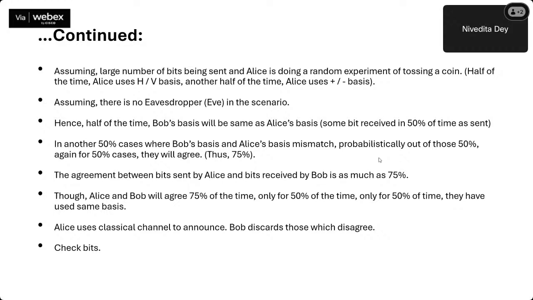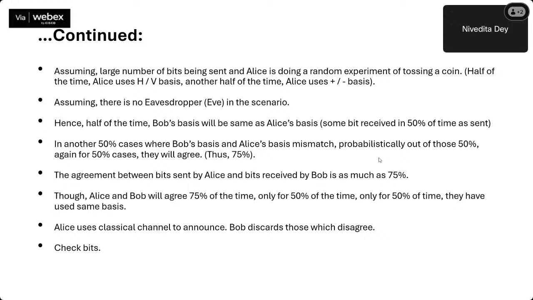Now, if both the bases of Alice and Bob match, that is 50% of the cases of match, and for the remaining 50% of the cases there are chances of mismatch, definitely, but still there is a 50% probabilistic option to have a match over the 50% mismatched cases as well.